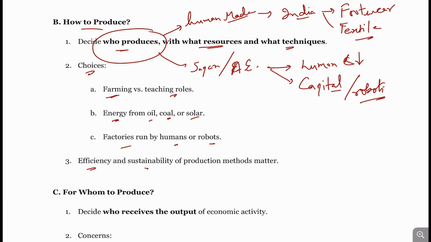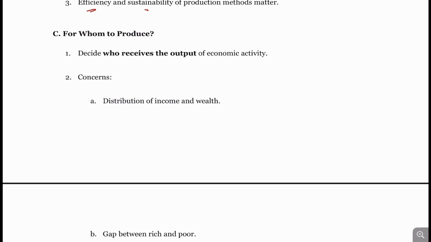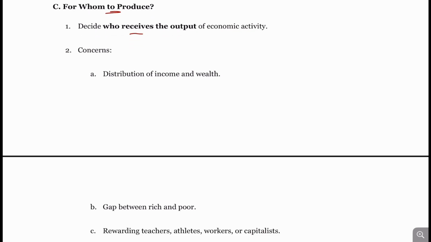Okay, the very last question in economics is for whom to produce. Who are the targets? Who receives the output? Here, what are the different concerns? Distribution of income and wealth, because wealth and income are not uniformly distributed.